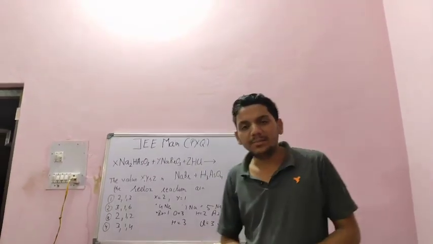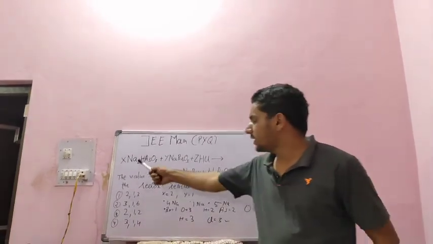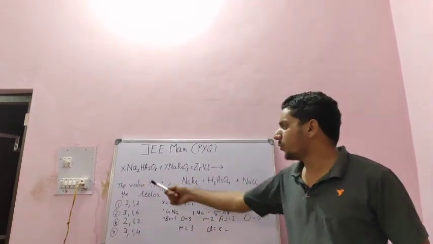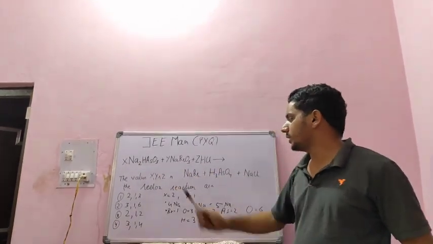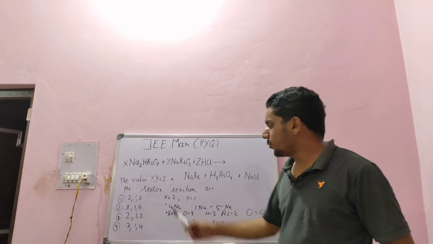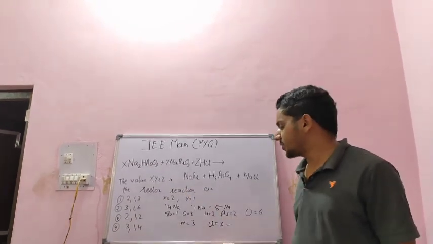This is a JEE previous year question which I have come to solve for you. Here x, y, z are coefficients in this chemical reaction, and we have to find the values of x, y, z.